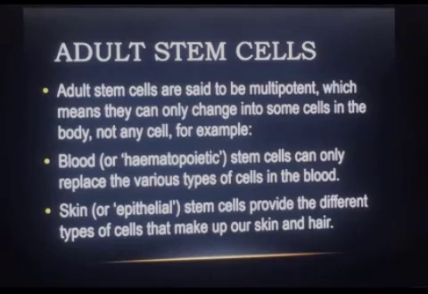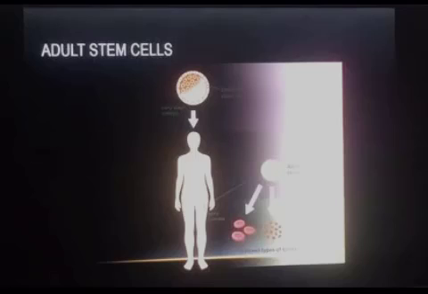So this is the adult type of cell. On one hand, they produce the body tissue, on the other hand, they produce blood cells: the red blood cell, the platelets and the white blood cell, the granulocytes, and also the monocytes.